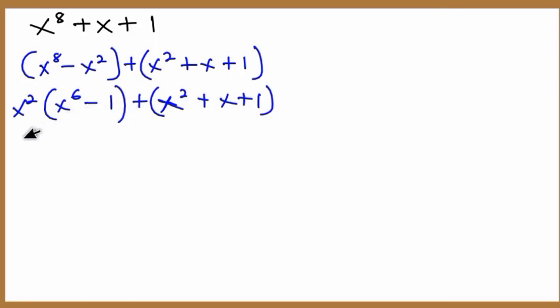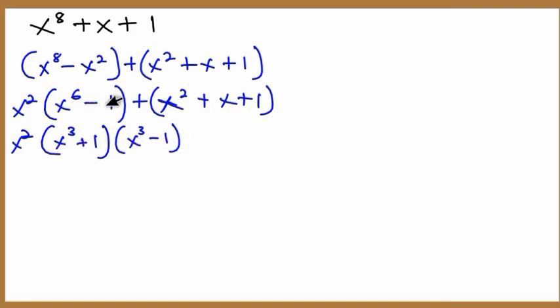So now I'll have my x^2 multiplying. Now this one, I can write as (x^3 + 1) multiplying my (x^3 - 1).